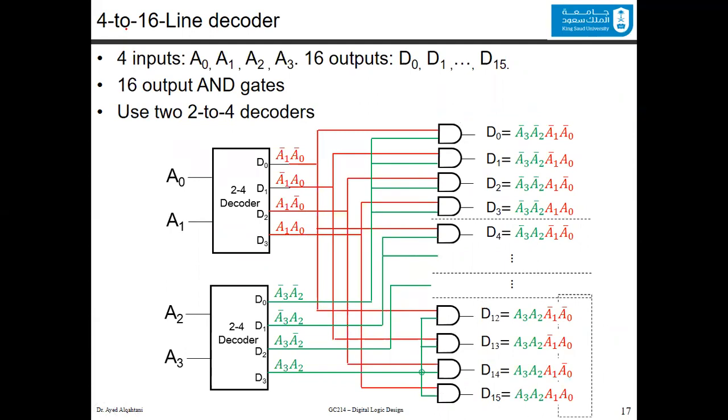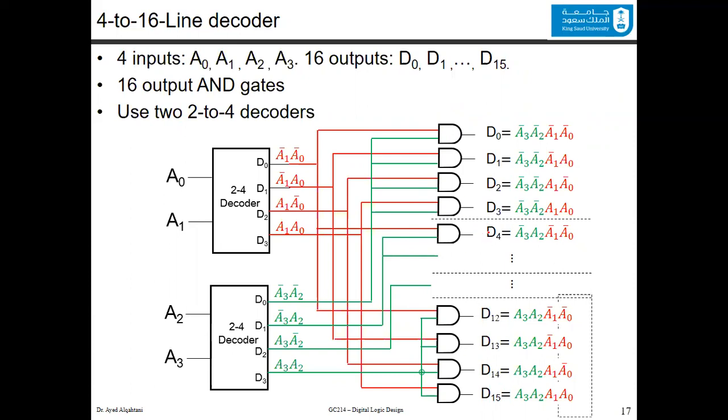If you have a 4 to 16 line decoder, you will have 4 inputs, which are A0, A1, A2, and A3, and 16 outputs, D0 up to D15. This is shown here. You have A0, A1, A2, and A3, and the outputs from D0 to D15 shown like this. And because you have 16 outputs, you will have 16 AND gates.